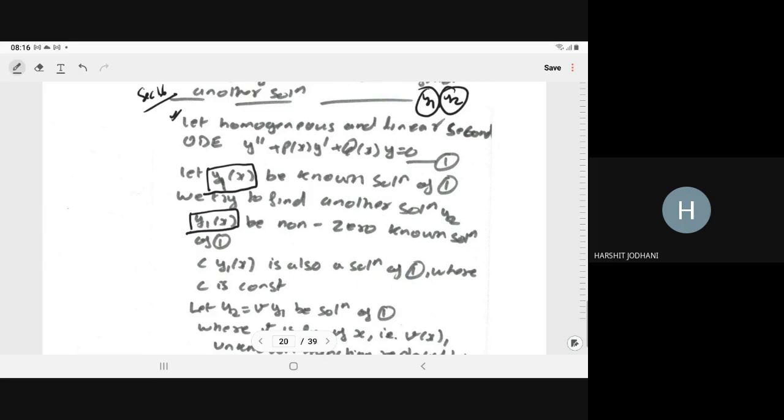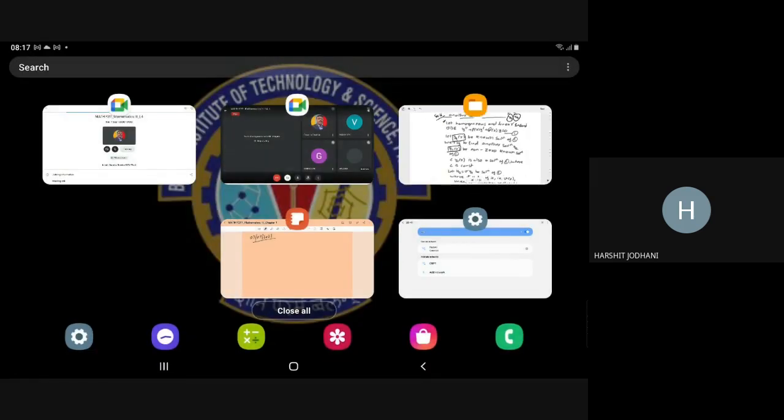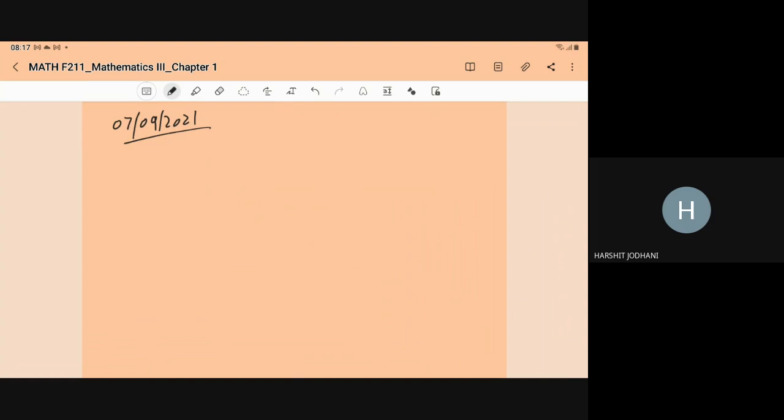So what is the idea behind finding another solution? If y1 is known, we have just seen that a constant multiple of a solution is also a solution of the first.